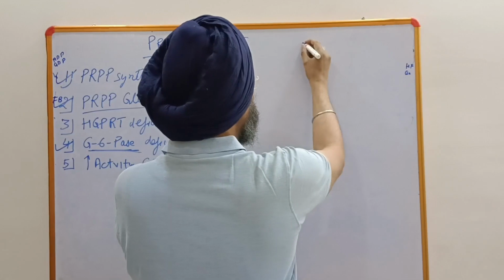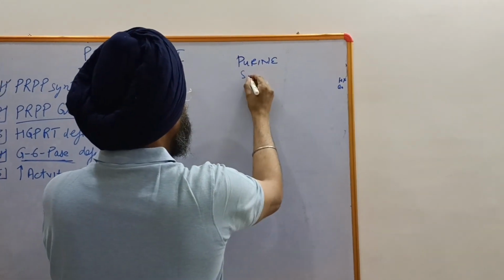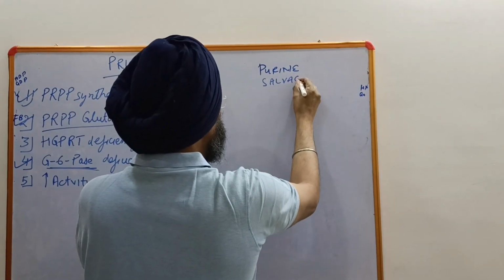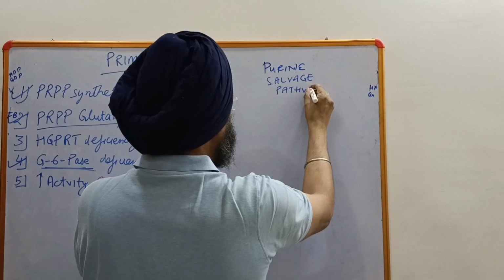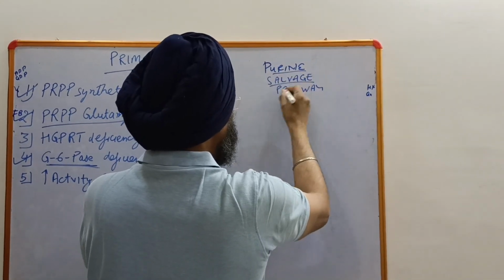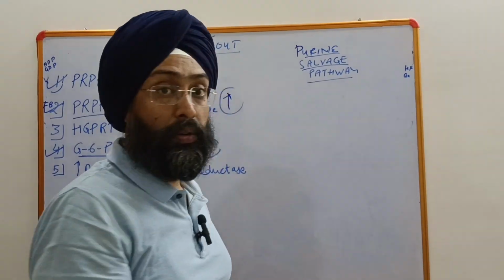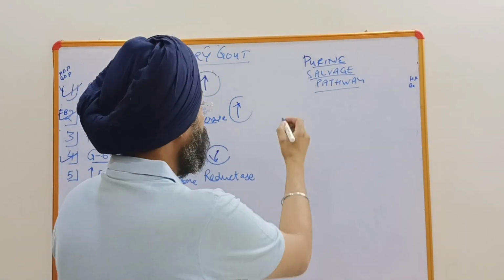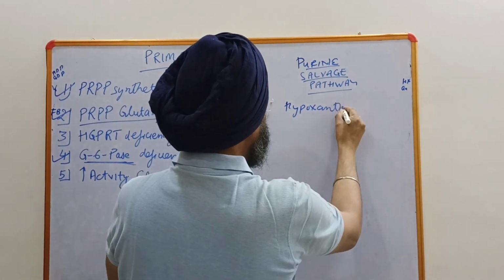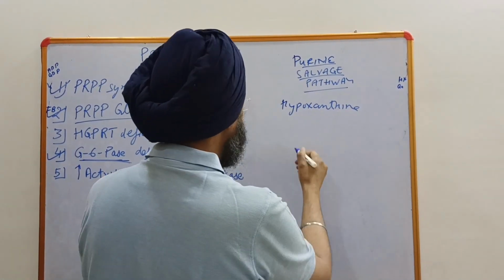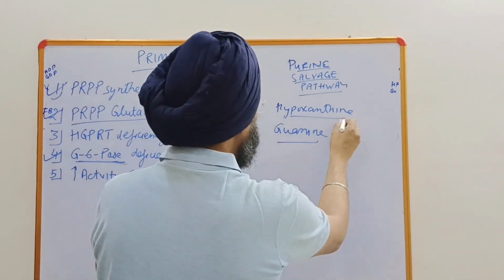Now this third enzyme is HGPRT deficiency, right? It is an enzyme of the purine salvage pathway, right? So due to deficiency of this enzyme, hypoxanthine and guanine, right?